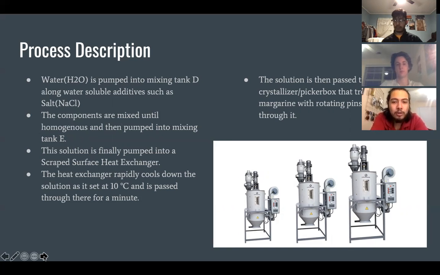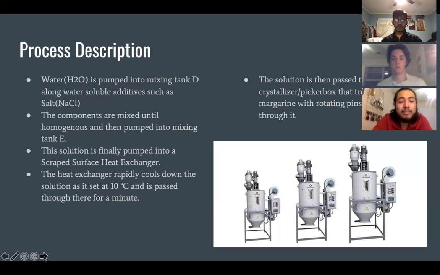Diacetyl is also added in order to improve the butter flavoring of the margarine. And these components are mixed until they are homogenized and then pumped into tank E, where the mix of oil and additives has already been pumped. And this final solution is mixed well enough until it itself is homogenized.